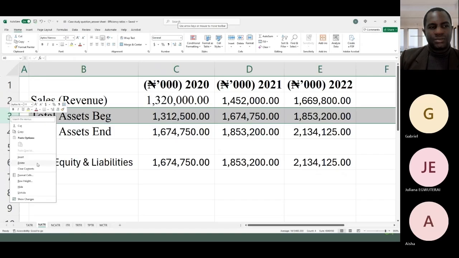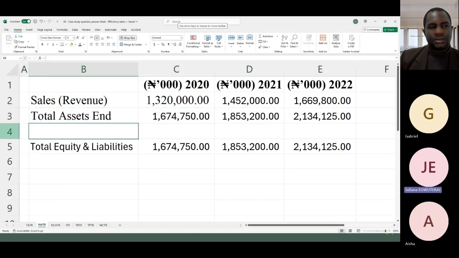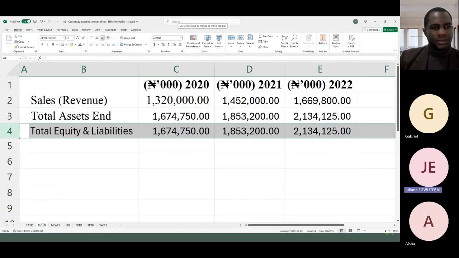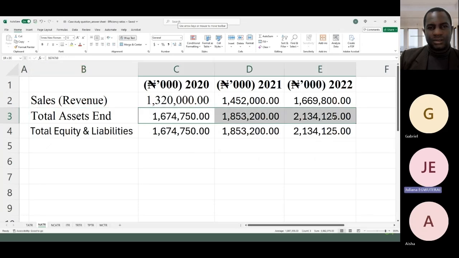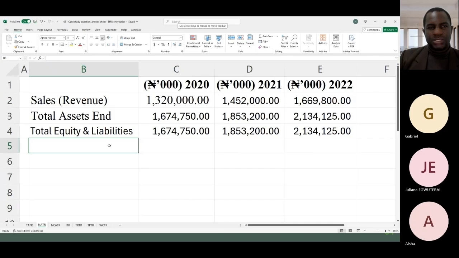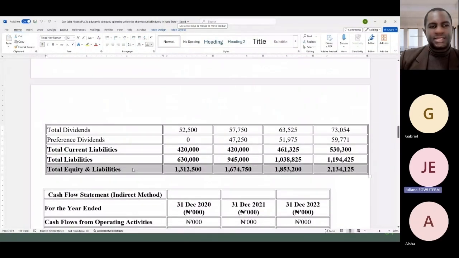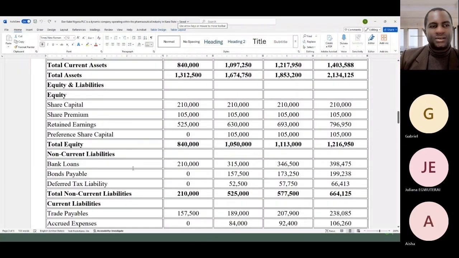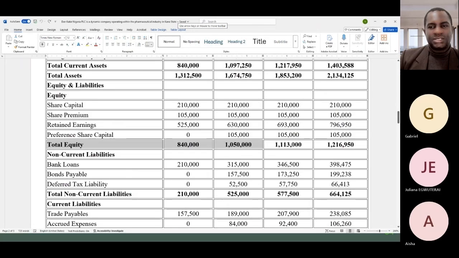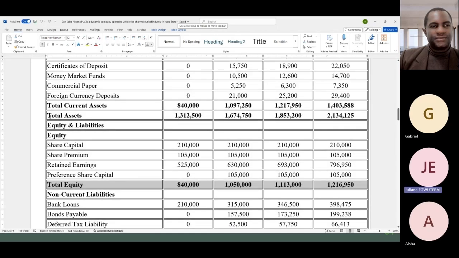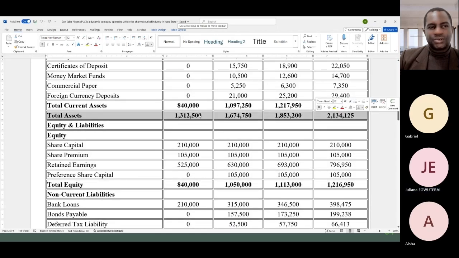Is it correct if you just take equity, instead of taking the net, without doing the minus? Yes, you are right. If you just take this equity, let's even test and see if it works.